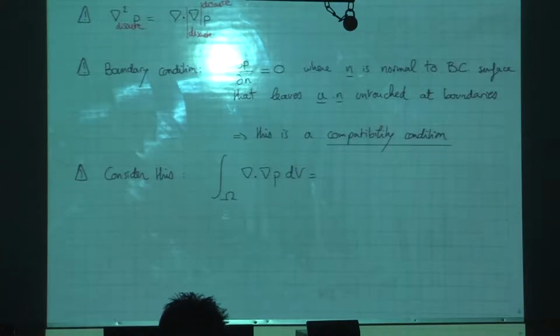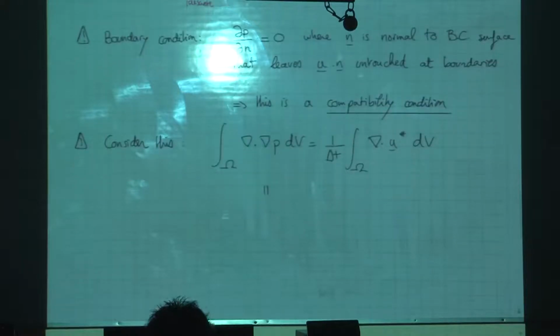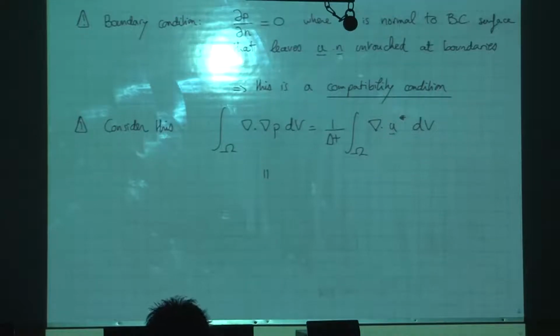This thing, the integral of u star dV. This is just volume integrating my pressure Poisson equation. Well, I test easily using, you call that Gauss theorem here? Yes? Okay. So I'm going to call that del omega.